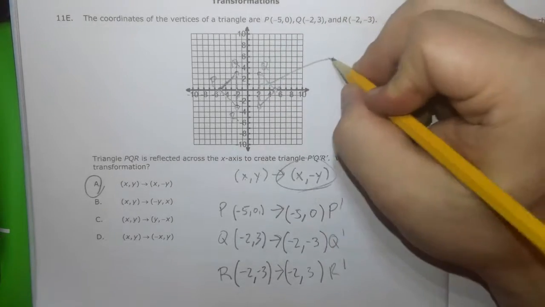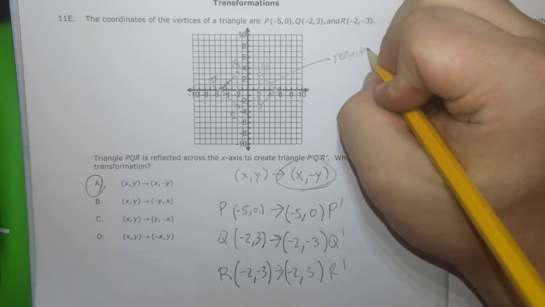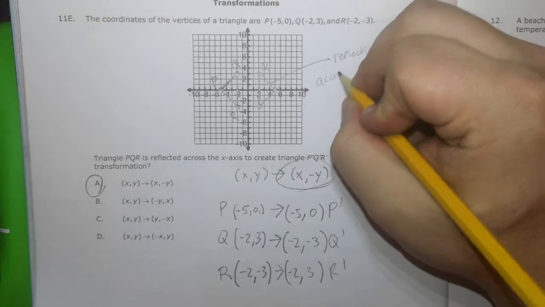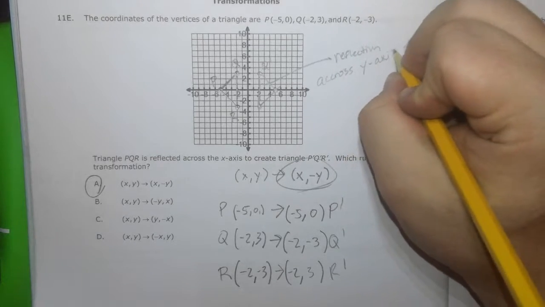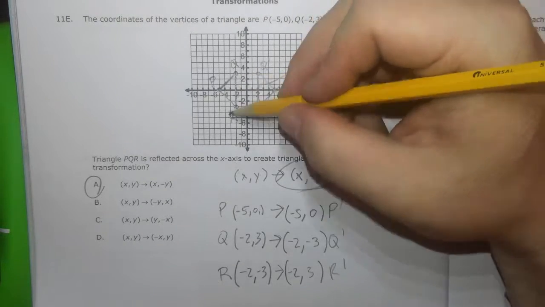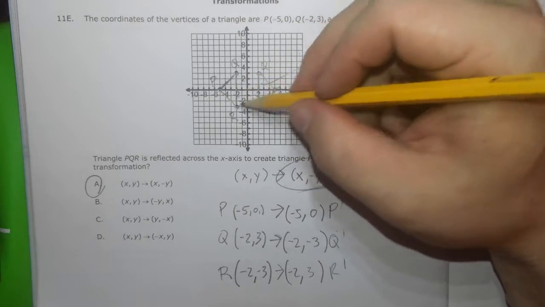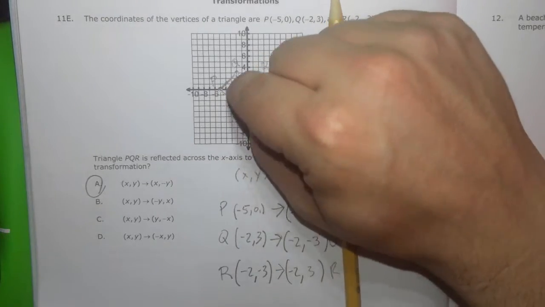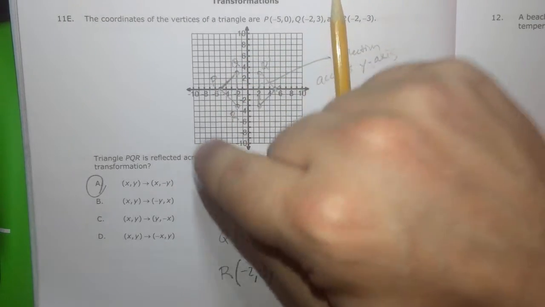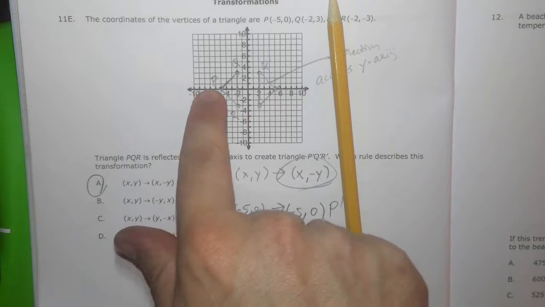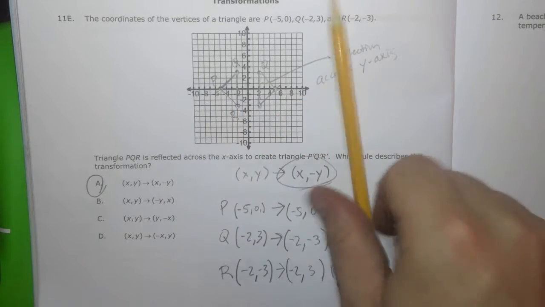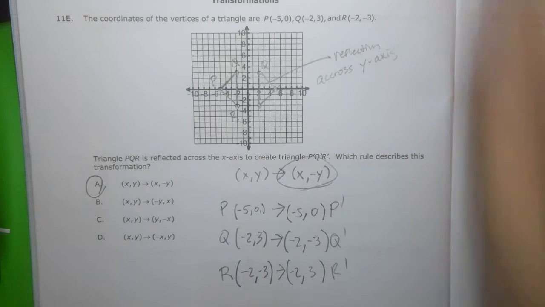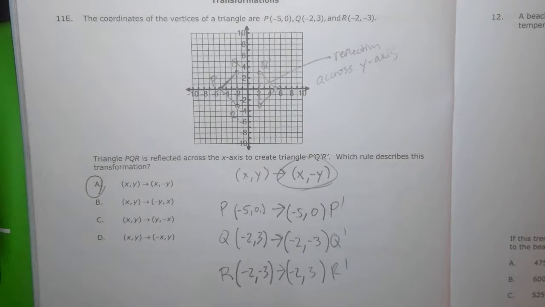So this would be a reflection across the y-axis, but I can't draw the reflection across the x-axis because it's the same triangle. You're flipping it like a pancake. Here, you're flipping it like a book to get to the y-axis. All right, this is all we have for today with reflections and rotations.